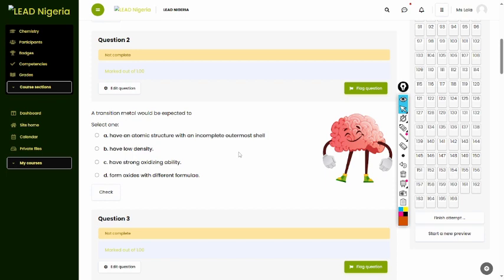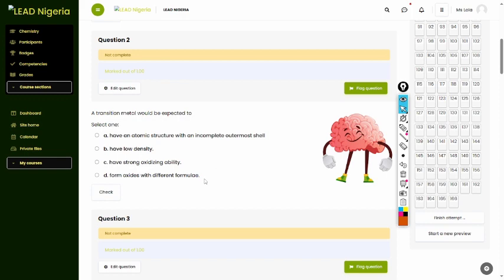Oxidizing agents are agents that cause other atoms or molecules to become oxidized, but they themselves become reduced. And reduction happens by gaining electrons. So a strong oxidizing agent becomes reduced by gaining electrons. But transition metals generally lose electrons to become stable. So they are not strong oxidizing agents, so they don't have strong oxidizing ability.